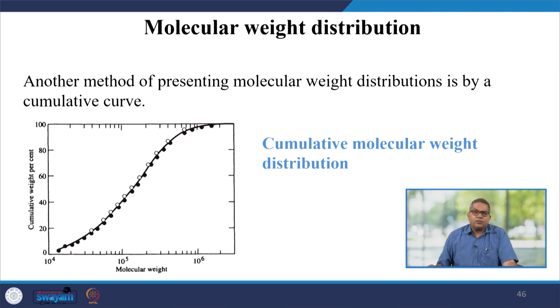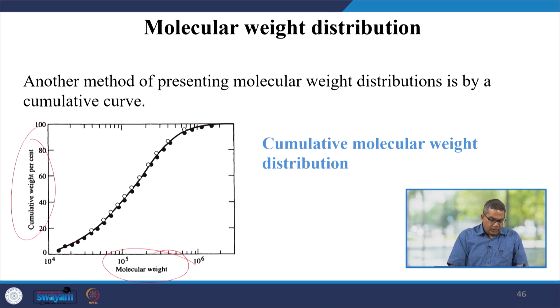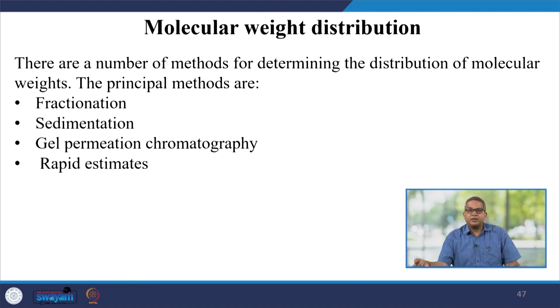Another method of presenting molecular weight distribution is by the cumulative curve. Here you see the molecular weight and the cumulative weight percent, and you can draw the curve like this and you can predict the behavior of the polymer. There are a number of methods for determining the distribution of molecular weights.